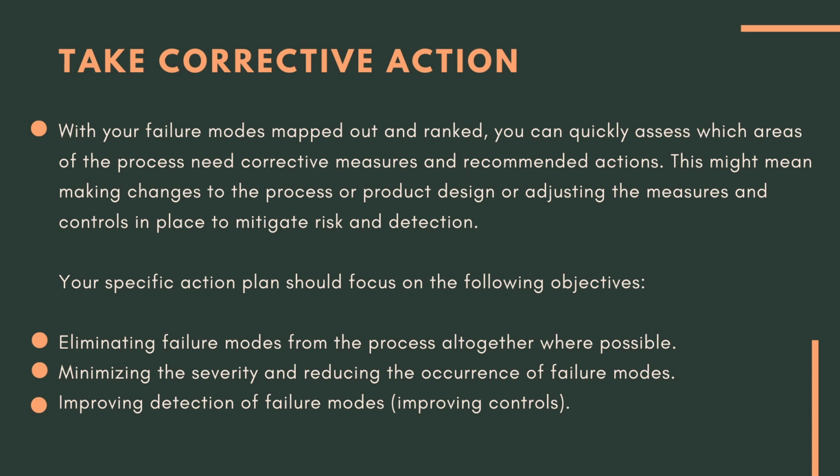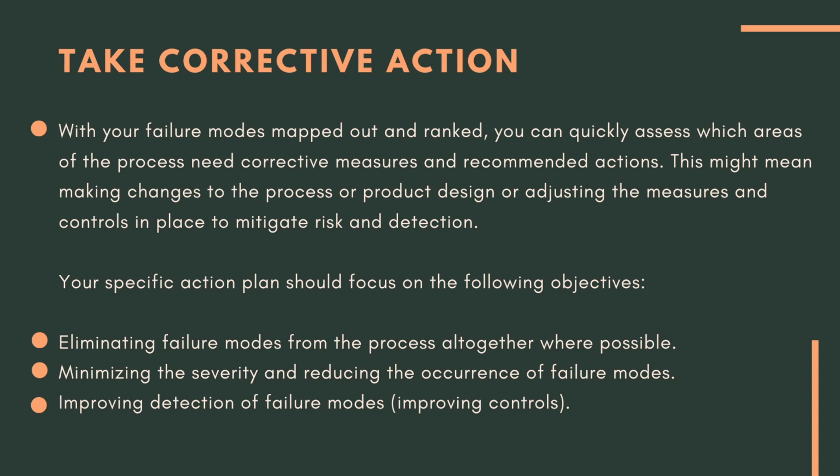Your specific action plan should focus on the following objectives. First objective, eliminating failure modes from the process altogether where possible, minimizing the severity and reducing the occurrence of failure modes, and also improving detection of failure modes.